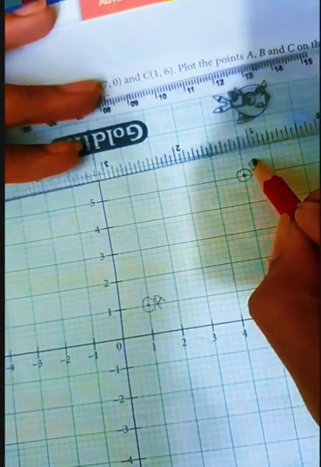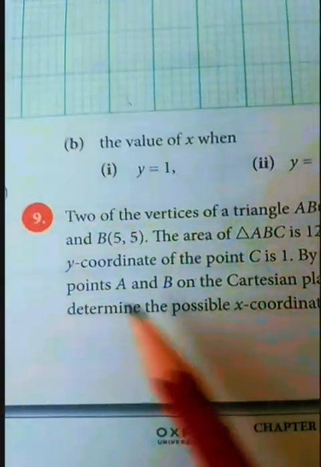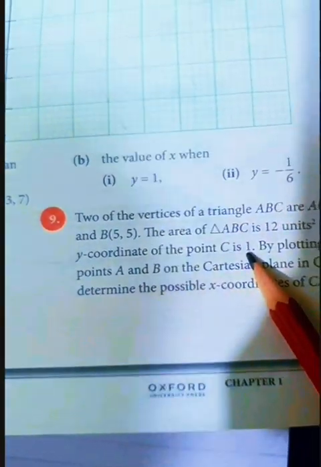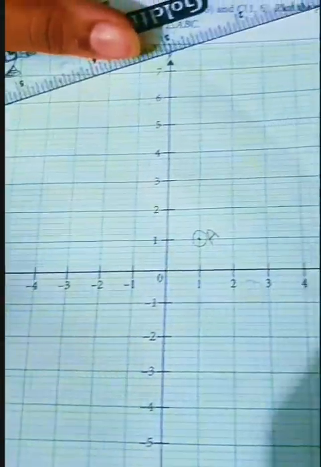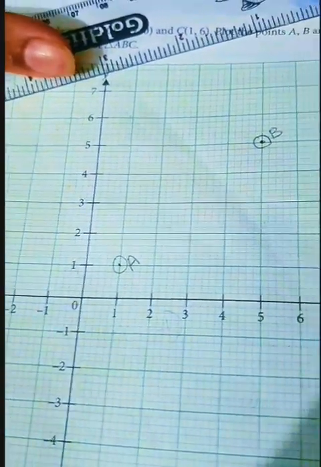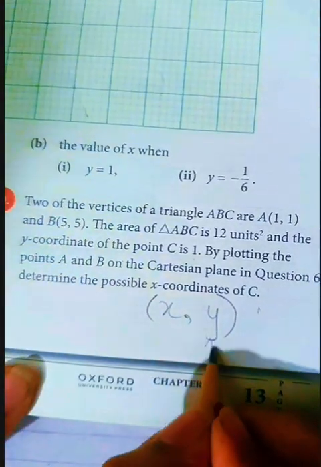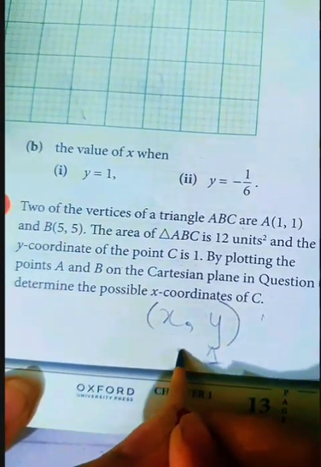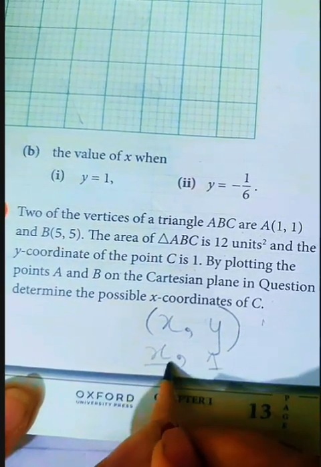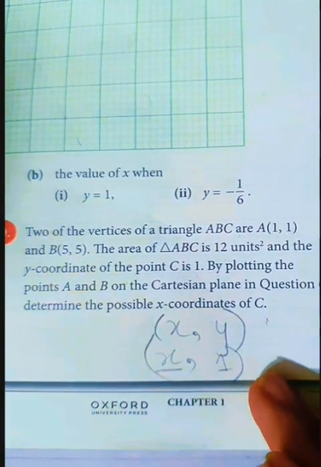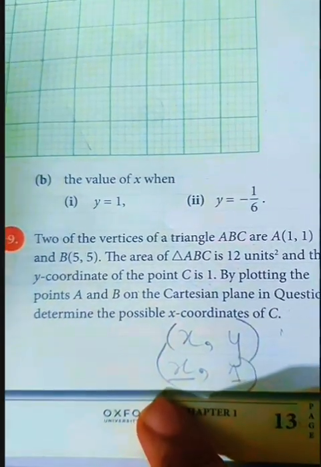And what we have to find out is point C to make the triangle. But they have shown that the y coordinate of the point C is 1. Whenever we write coordinates, it is always in the form of x and y. The y coordinate is given, it's 1, but the x coordinate is not given. So we have to find the x coordinate, and we'll use the area of the triangle to find it.